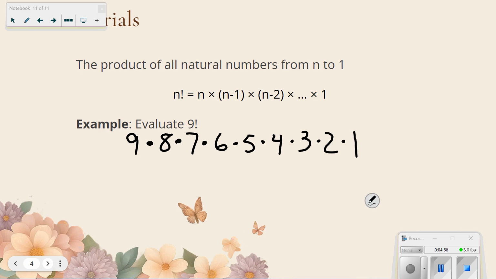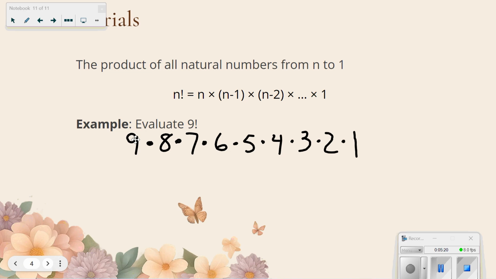So obviously I'm stopping at 1, not including 0, because then 0 would just zero everything out. You could do 9 times 8 times 7 times 6 times 5 times 4 times 3 times 2 times 1 in your calculator. But if you like to be a little bit more efficient, I'll show you how you can find factorial in your calculator.